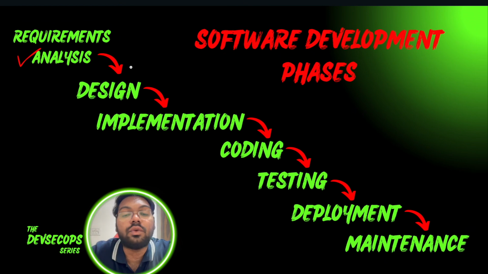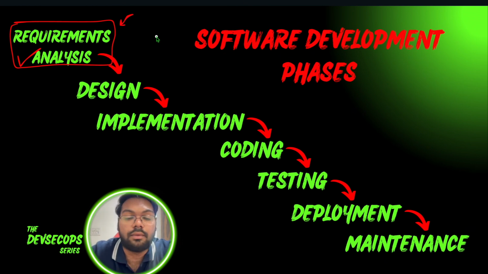This is what we need to first gather in this phase, which is called requirement analysis. These are the different functionalities that I want my software to have. This will be beneficial for our customers. This is the general thing that we think about while gathering any requirements.